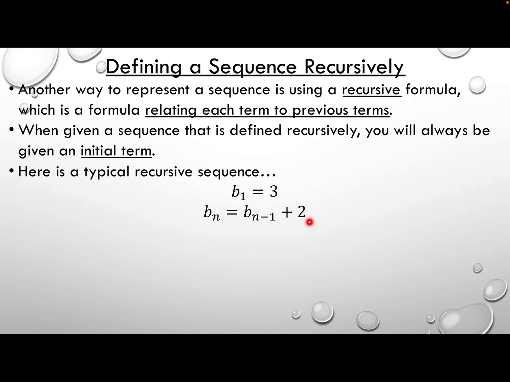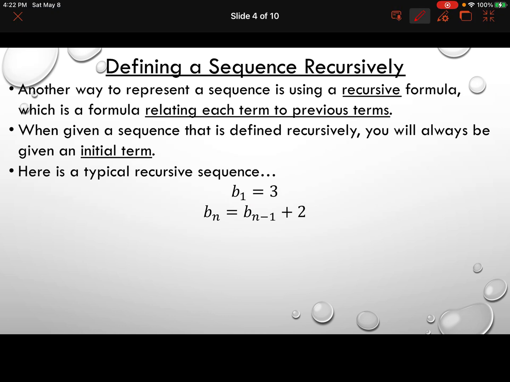That's one change you will see when defining a sequence recursively: if you're looking at a recursive formula, you will always be given the initial term. In this case, we are given b sub 1, the first term of our sequence.